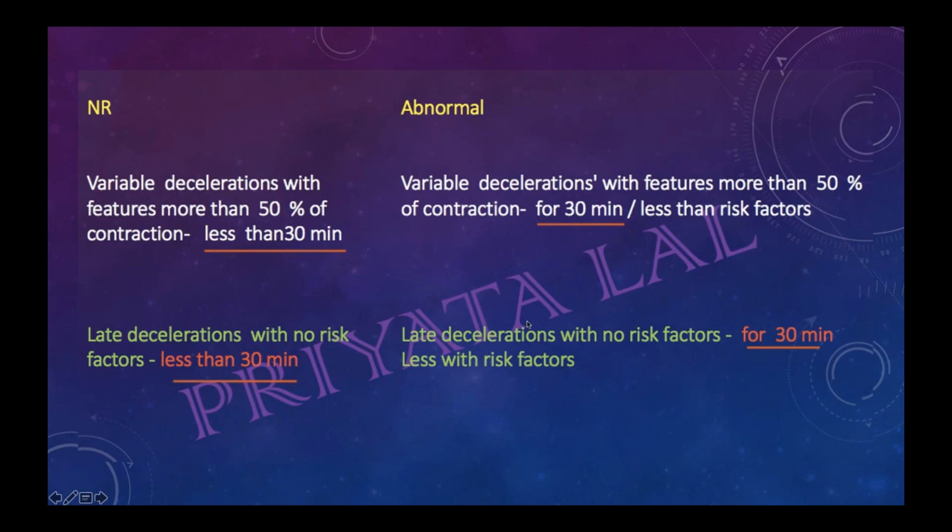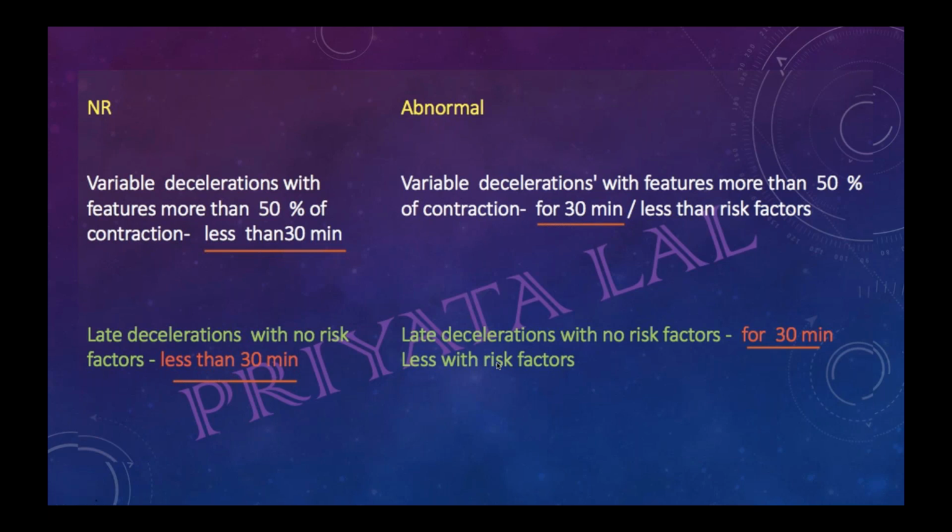Now Vishnu Priya, I think you joined the class late. This slide is important, everyone has to keep it in the head. Variable deceleration with features: less than 30 minutes NR, more than 30 minutes abnormal, late deceleration. Ma'am, even the abnormal is less than 30 minutes, only the risk factors will be there in the abnormal.